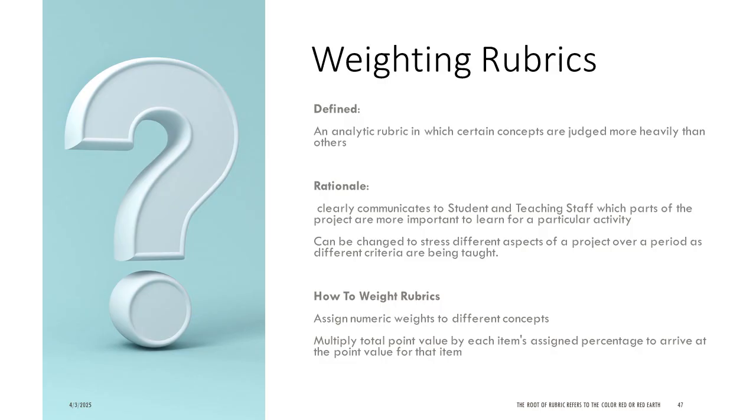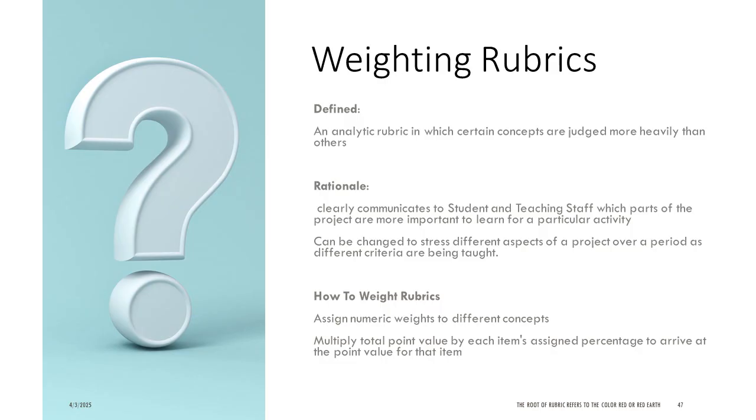We assign numeric weights to different concepts. Maybe one part is more important than the other part. One part I want to emphasize more than the other part. So we multiply the total point value by each item's assigned percentage to arrive at the point value for each item. How do we weigh them, or how do we assign?